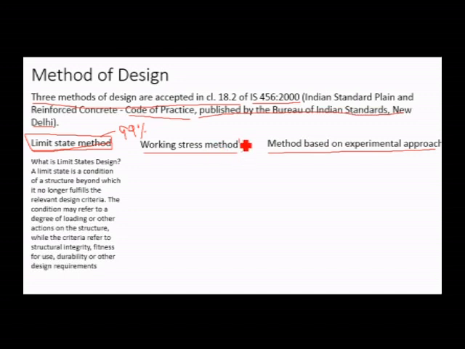Earlier the working stress method was used, but due to unsafe conditions and unsafe experience all over the world, the working stress method is now used for some areas only. A method based on an experimental approach is also there, and these are the three important methods.